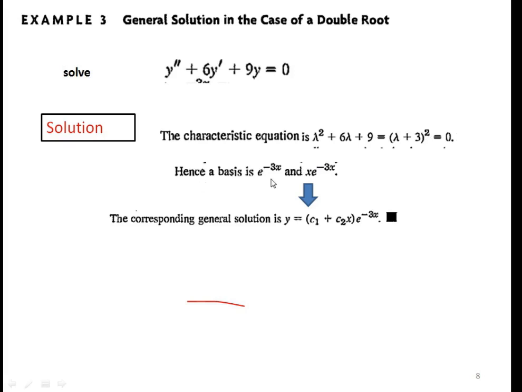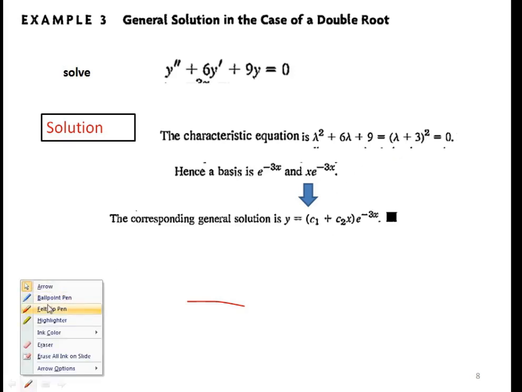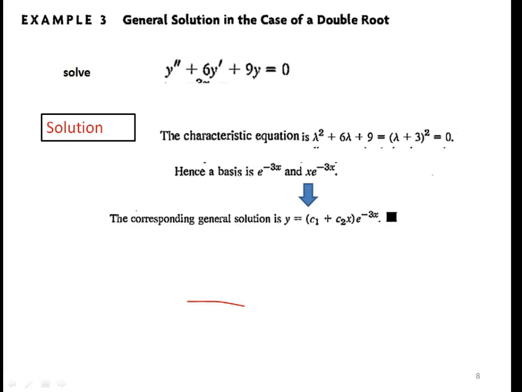Now the basis is e^(minus 3x) and x e^(minus 3x), because you can see I have (lambda plus 3) squared. That means (lambda plus 3) multiplied by (lambda plus 3) equal to 0.